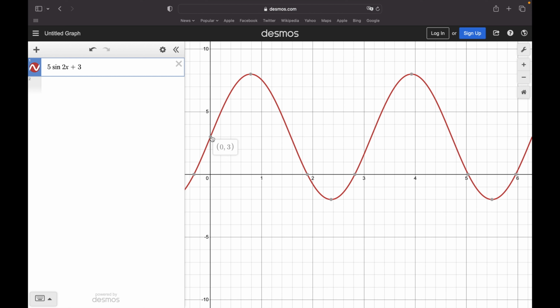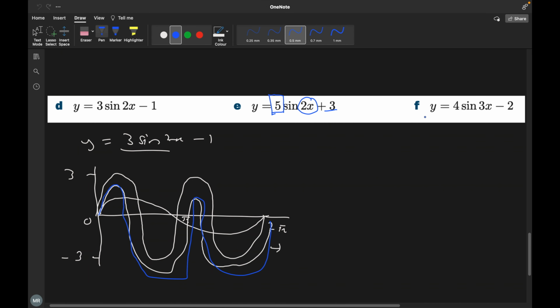The principal axis is over here at y equals 3. The amplitude would be 8 minus 3, which is 5, and it completes 2 cycles. So 1 cycle, 2 cycles. So I hope you understand.